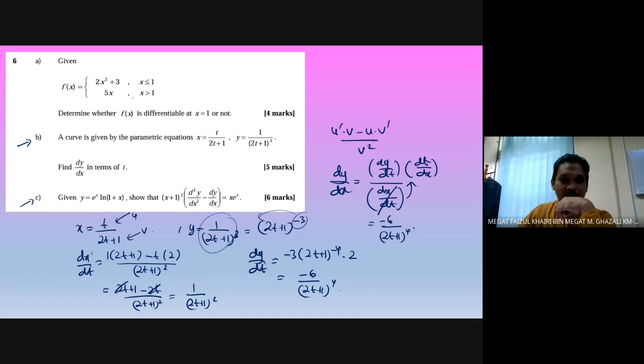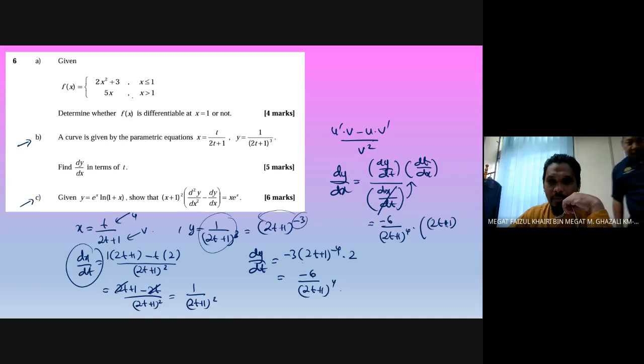Okay, what we have right now is dx/dt, and what we need is dt/dx. So turn it upside down, and it gives you (2t plus 1) squared divided by 1. So then (2t plus 1) squared and power of 4, clear this and this, it gives you negative 6 divided by (2t plus 1) squared.